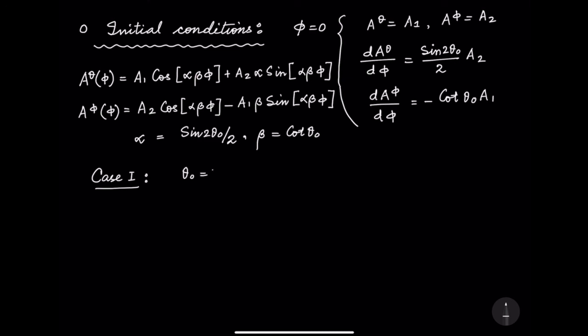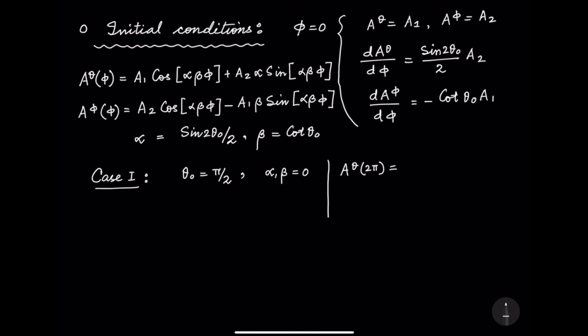Let's consider the case where theta 0 is pi by 2, which is essentially the equator. And if theta is pi by 2, cos theta is 0, which means both alpha and beta are 0. Then what is the solution? A theta at 2 pi is, well, both alpha equals 0 and beta equals 0.